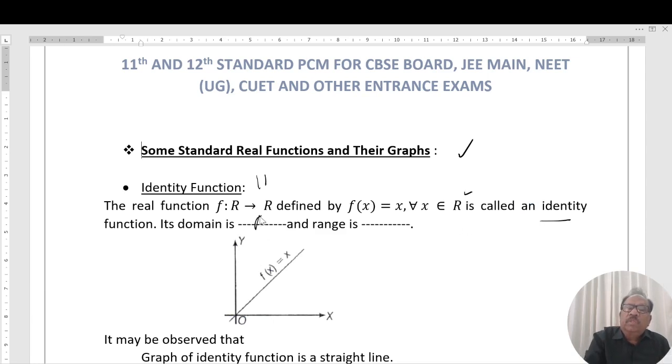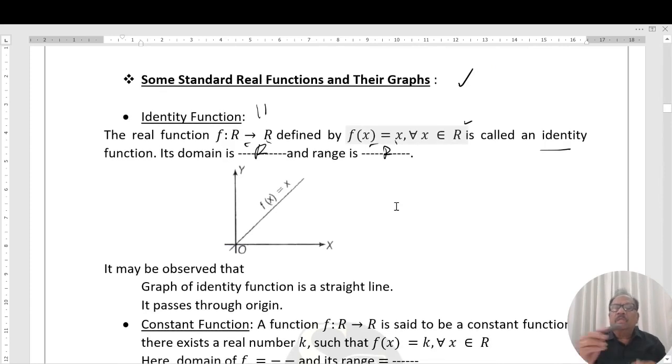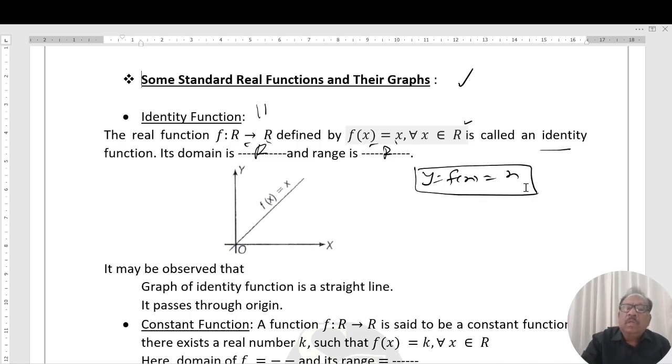Domain of this is R, range is also R. This can be written as y equal to f(x) or you can say x. The graph of the identity function is a straight line. It passes through the origin, right?